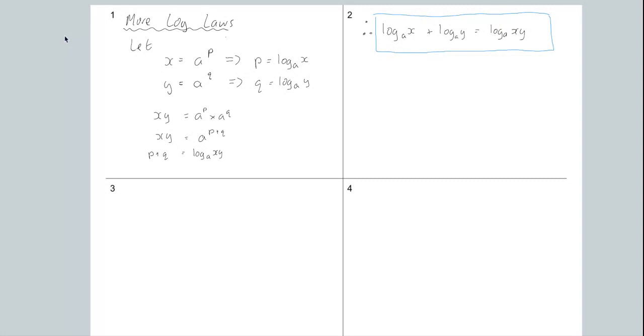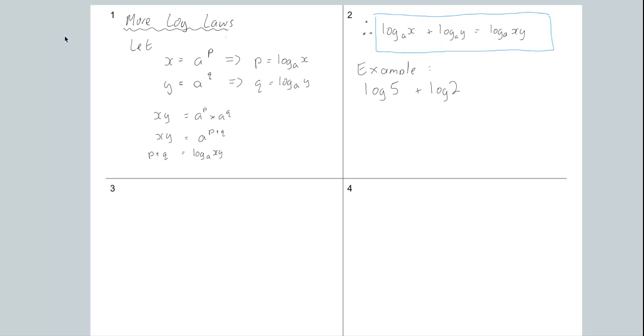Okay, so here's an example problem for you. Just going to do simple ones to illustrate it. Log 5 plus log 2.